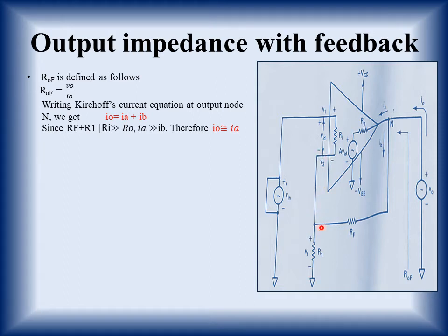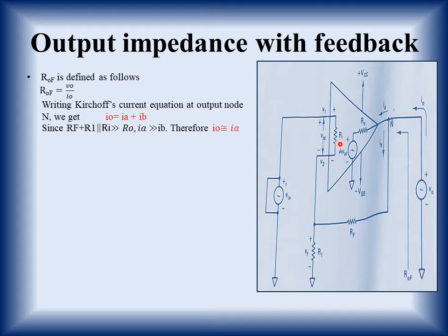Also, if we readjust this circuit, we find that Ri is in parallel combination with R1. Ri is already a larger quantity, since we have defined that in an operational amplifier its input impedance or input resistance is very high.